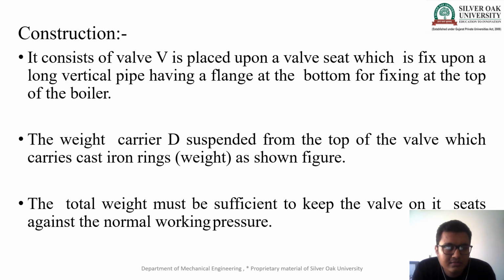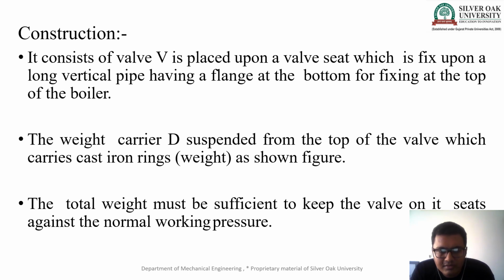Now we talk about the construction. It consists of the valve V placed upon a valve seat which is fixed upon a long vertical pipe having a flange at the bottom for fixing at the top of the boiler. The weight carrier D is suspended from the top of the valve, which carries the cast iron ring as shown in the figure.